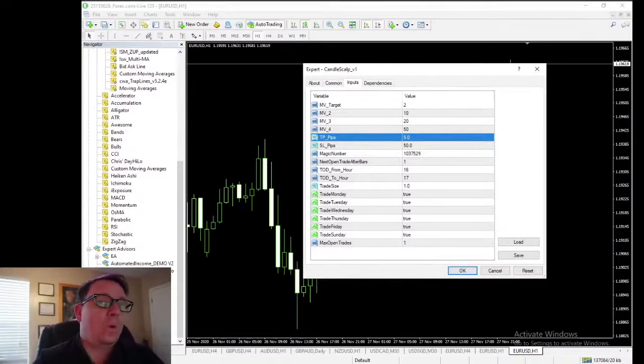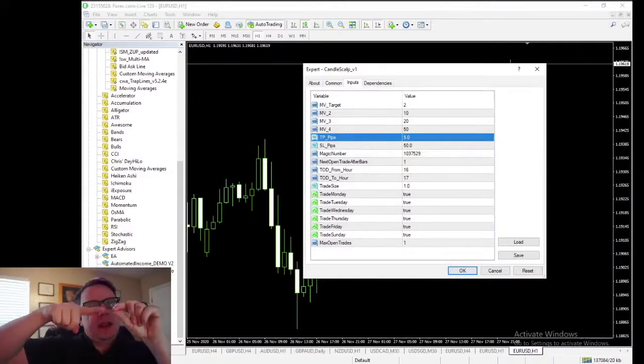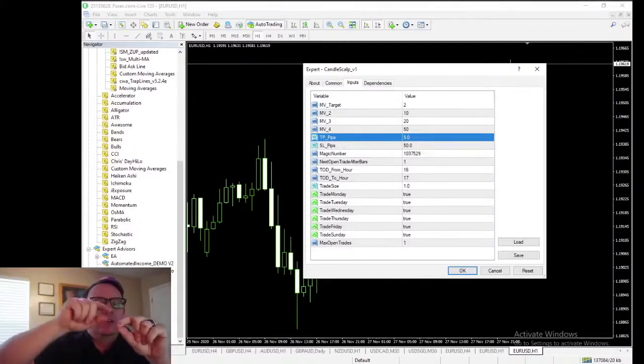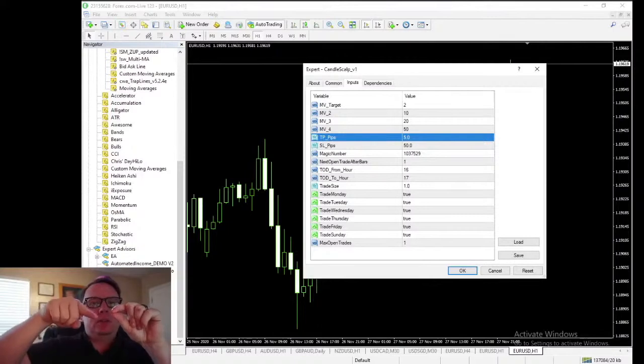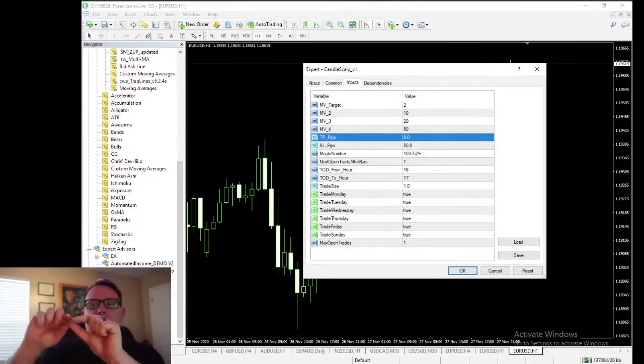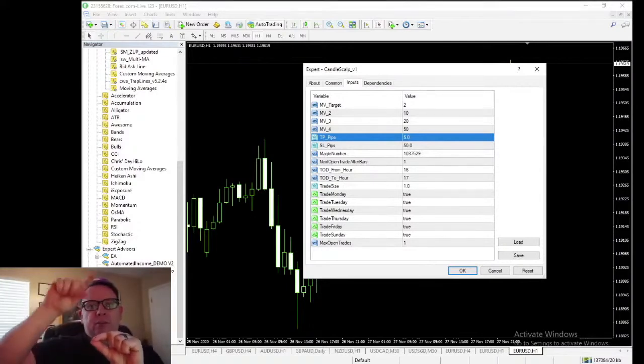Why? Because the 50 pips gives the trend some room to bounce. Then when it bounces, it's going to hit that 5 pips. So give it room to bounce. When you get the 5 pips, it's going to wait another 4 hours, jump in again, and grab the 5 pips.